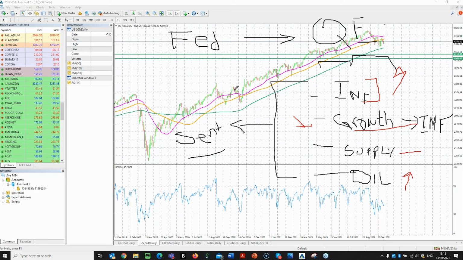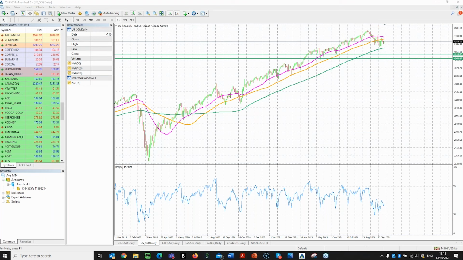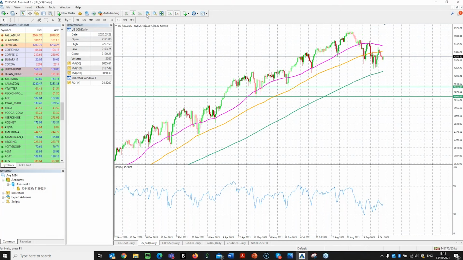All of them are adversely impacting the sentiment in the market. And that is the reason this particular move in the S&P 500 index is going to the downside. How far it is going to go, how low it is going to go, is what we'll be discussing in a lot more detail. But before I do that, I just wanted to make sure that you understand perfectly what I have discussed earlier.